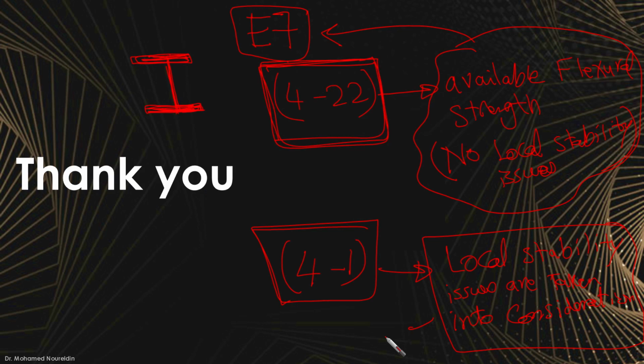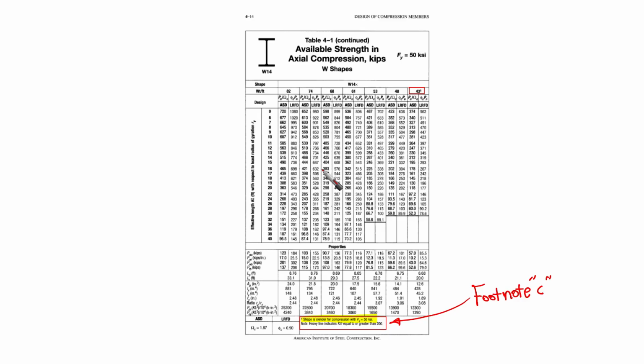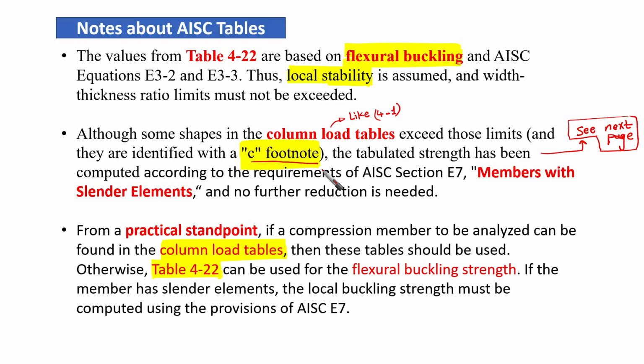You're going to find the C footnote at the bottom of the table, and the shape is going to be designated with C, for example. This means that it is reduced for slenderness or local stability issues. Okay, this is the major difference between the two. Please remember that very well.